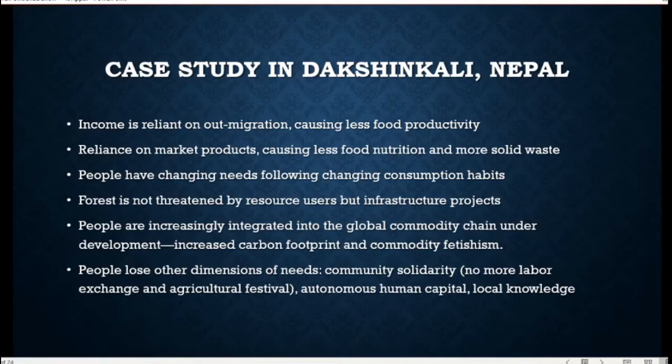And also the loss of local knowledge, because once you stop doing agricultural activities or any kind of natural resource harvesting activities at the local level, you will not continue to gain knowledge about the local environment or transmit your knowledge to future generations. So it's a matter of time before all local ecological knowledge will be lost.